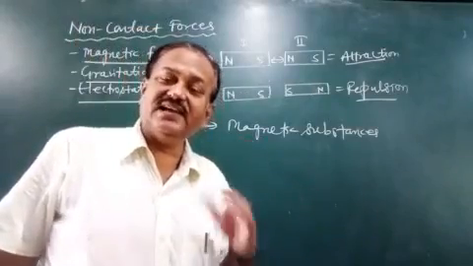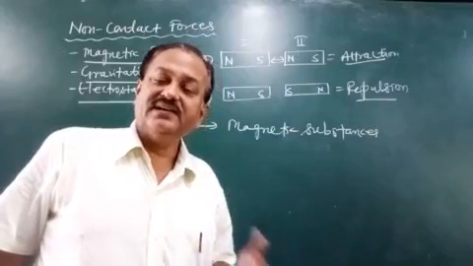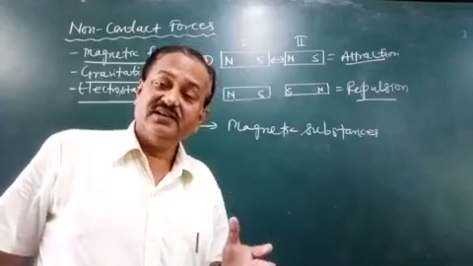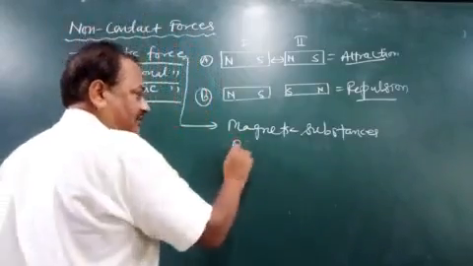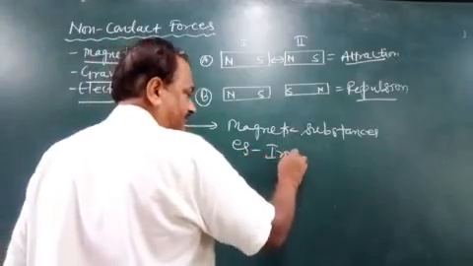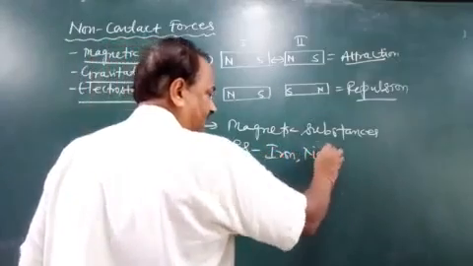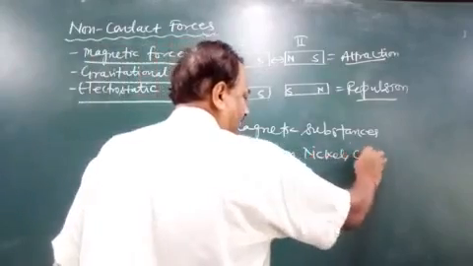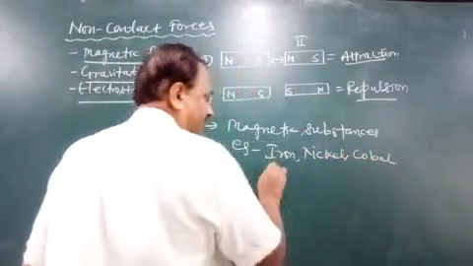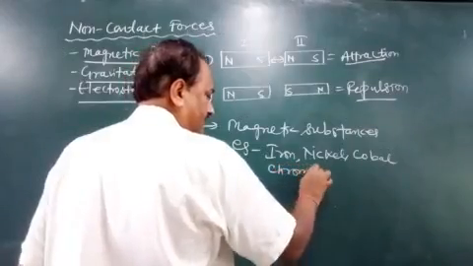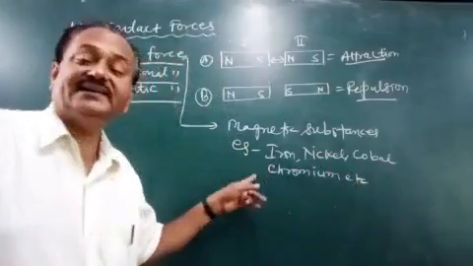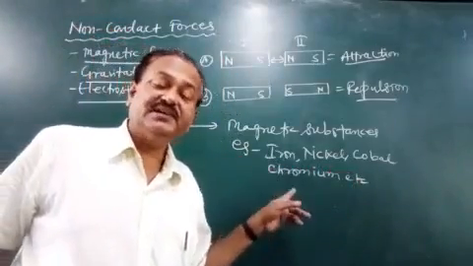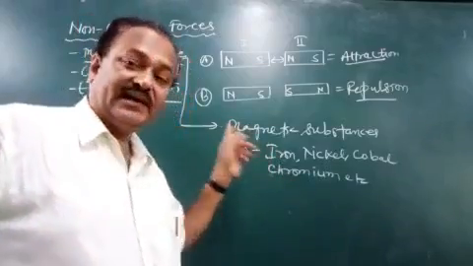Non-magnetic substances like plastic, rubber, glass, polythene do not show them. Examples of magnetic substances: iron, nickel, cobalt, chromium. They are magnetic metals. They exhibit the magnetic character.